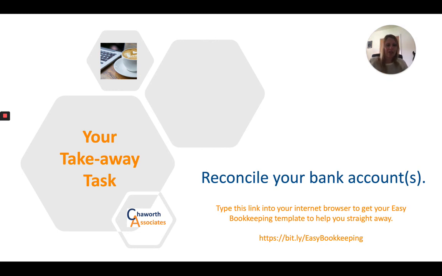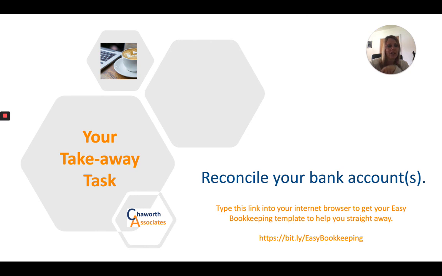was I? So yes, for those of you who haven't set up your accounting system and you're a small business, I have got an easy bookkeeping template that you can download and start to use straight away. It's an Excel template which basically takes you through reconciling your bank. The whole point of the tab is you put your opening bank balance in there, you do all the movements in and out of the bank, and allocate them to whichever cost or sales transaction heading you want.